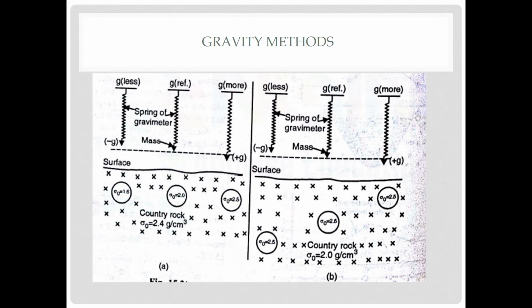In figure B, there is the effect of the depth. If the subsurface has a relatively heavier body at a shallow depth, the gravity effect is more positive. And if such a body lies at a greater depth, the gravity effect is less at that particular location.